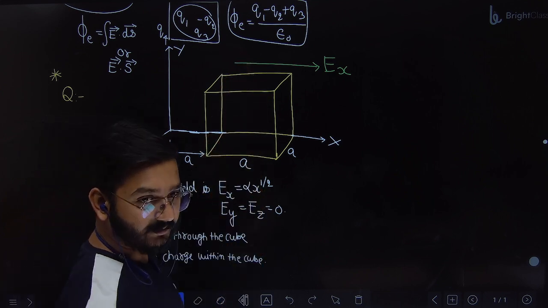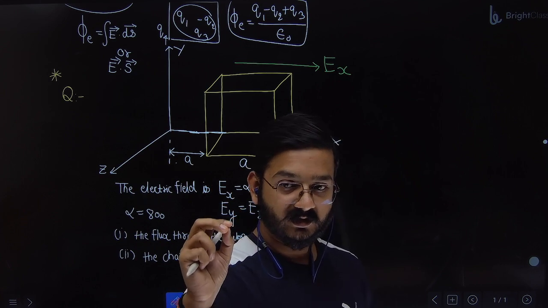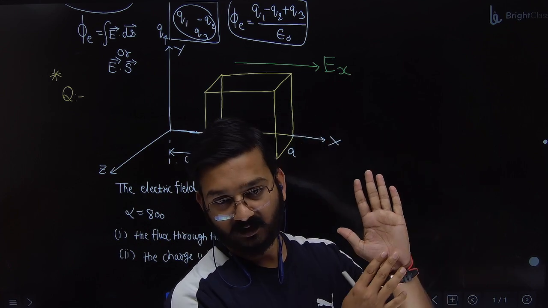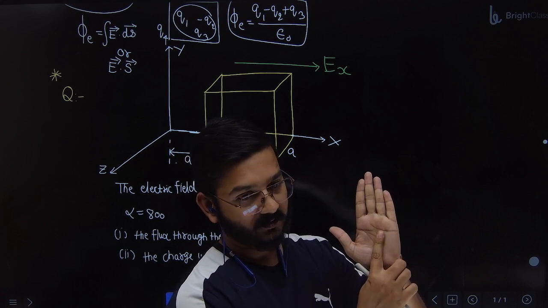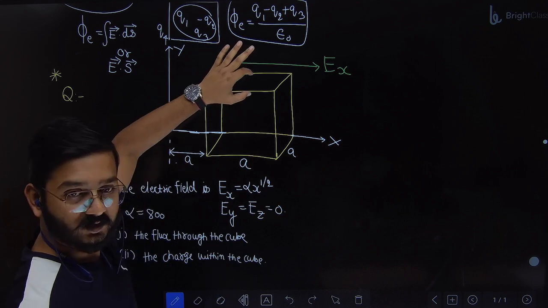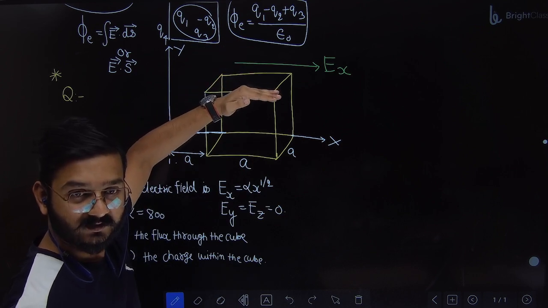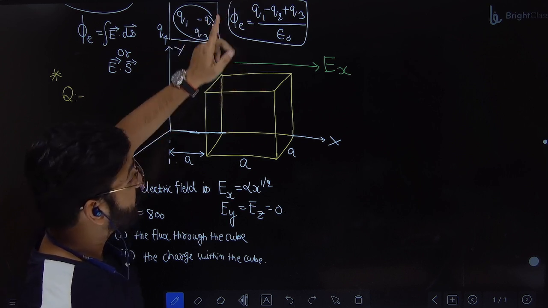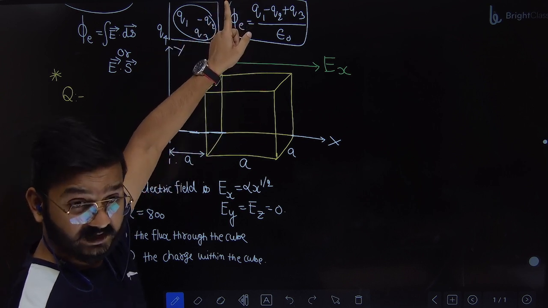Upward. I'm recalling, what is the direction of the area vector? Perpendicular to the surface, and outward, not inward. For the top part of the cube, the area vector will be in the upward direction.